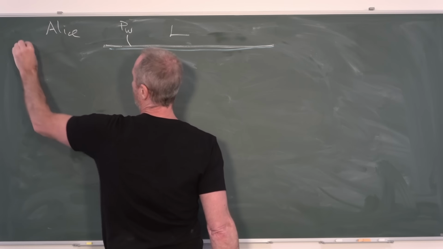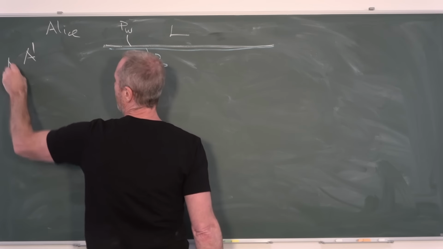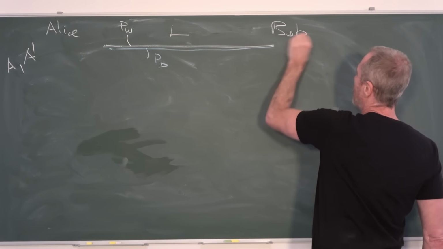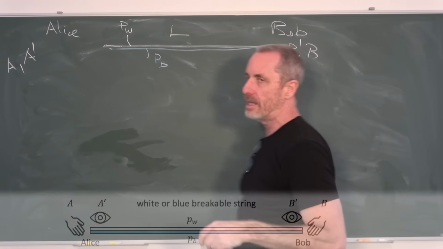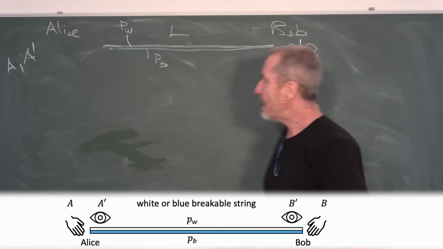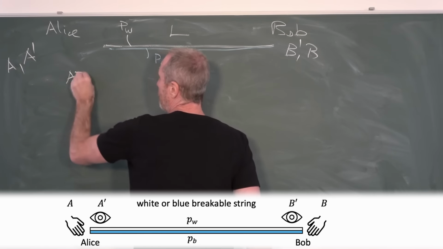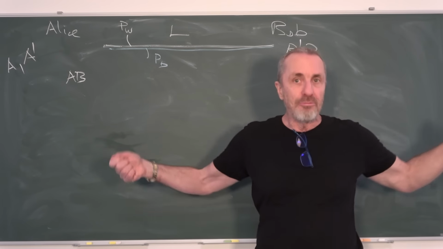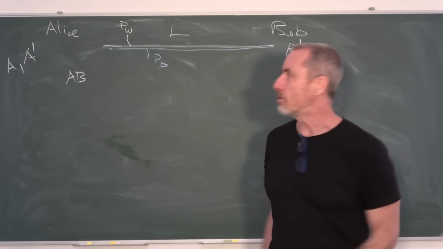Apart from that, we are exactly in the same situation as before. Alice always performed the color measurement A' and the length measurement A, and Bob always performed as well these two measurements B and B'. Okay, now of course when Alice and Bob jointly perform the AB joint measurement, they both pull on the string, they will break it, they will collect anti-correlations.